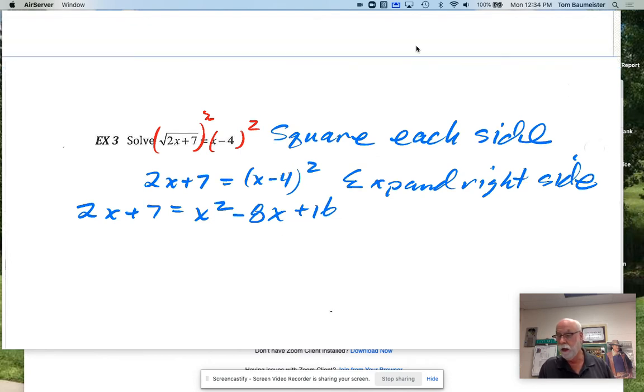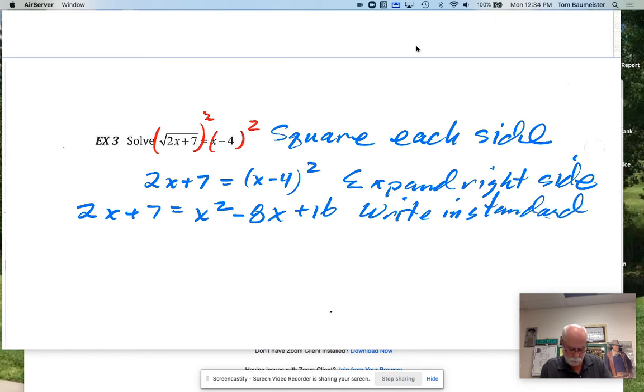All right, so now we've got that. We're going to write in standard form. Remember, that means setting it all on one side and setting it equal to 0. So again, I bring this x squared over.